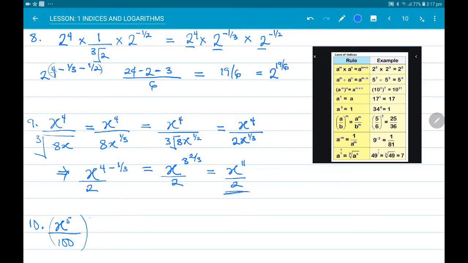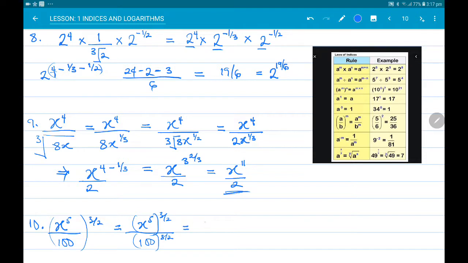Now from this place, we are going to divide this. We are going to subtract the power of this from the power of this. Do you get why we are going to do that? Let me give you an insight. From this point we have x raised to the power of 4 minus 1 over 3.